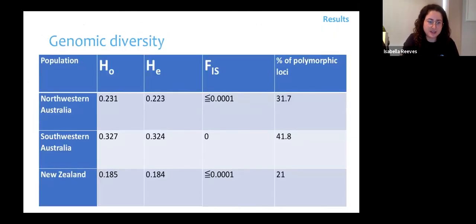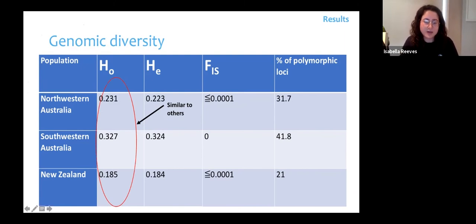Now, when looking at genomic diversity of these populations, so essentially how healthy are they from a genomic perspective, we can see that the observed heterozygosity for the three populations is quite similar to other Australasian cetaceans. So that includes blue whales, common dolphins, and bottlenose dolphins.